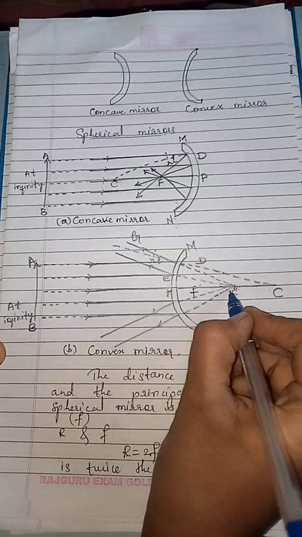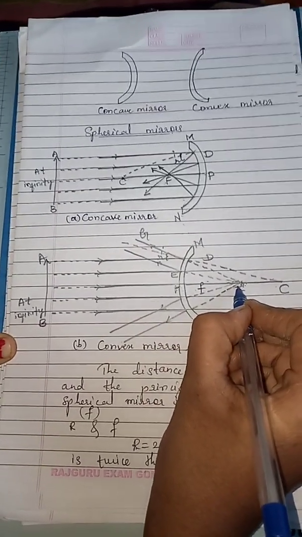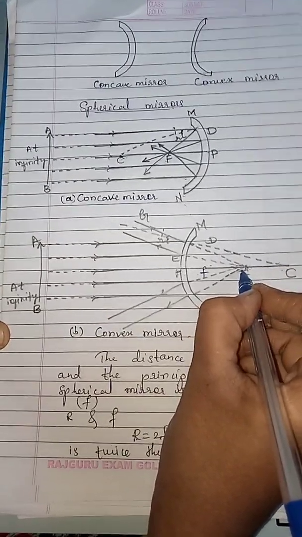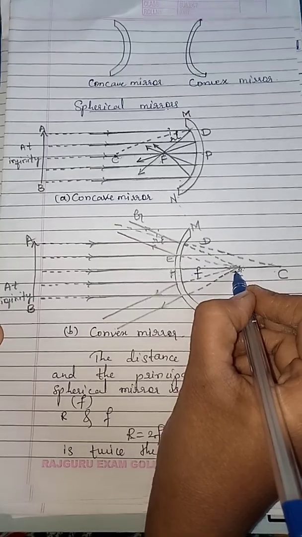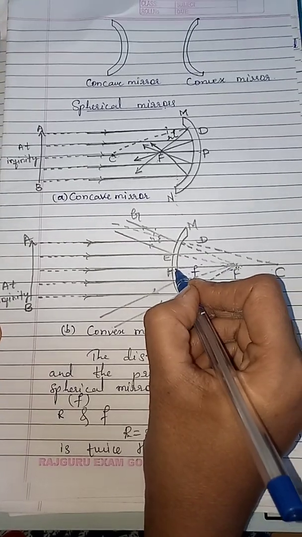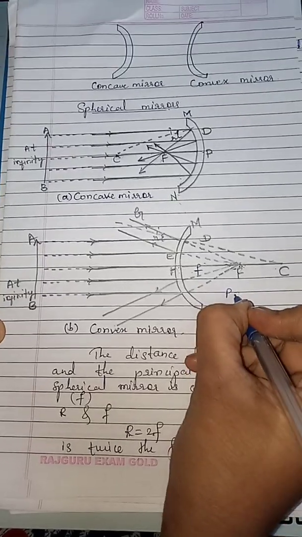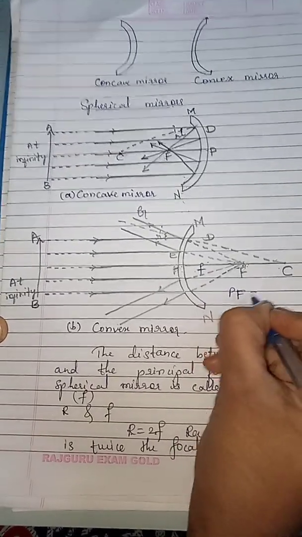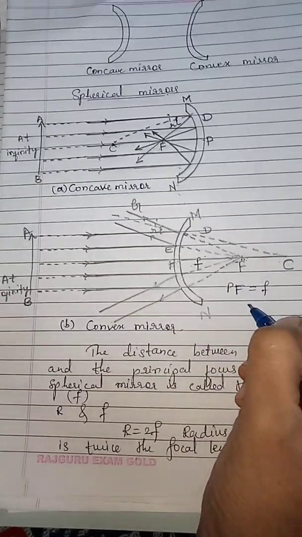Now here, see children, PF is the focal length, and we can say that the radius of curvature is twice the focal length. PF equals F, which is the focal length.